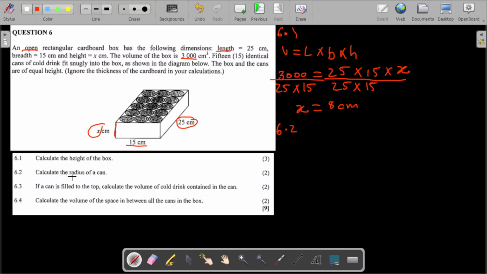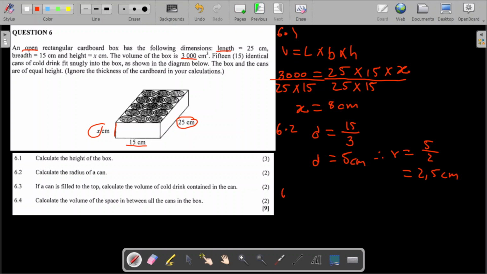To find the radius, first I need to find the diameter. The diameter is 15 divided by the 3 cans in a row, which gives 5. The radius is 5 divided by 2, which is 2,5. That is the radius of the can, and everything is in centimeters.